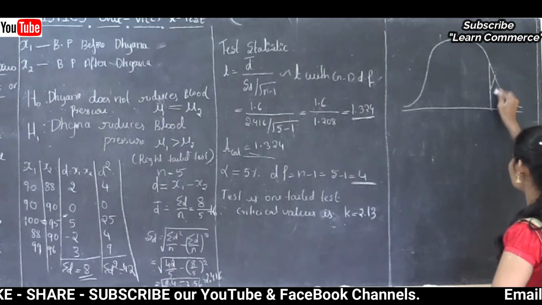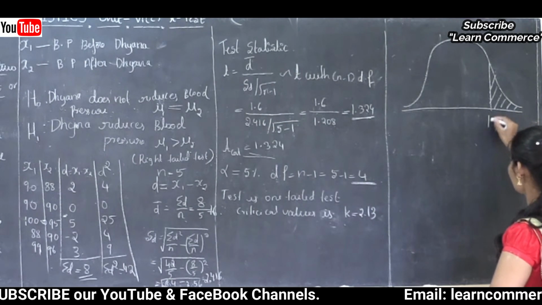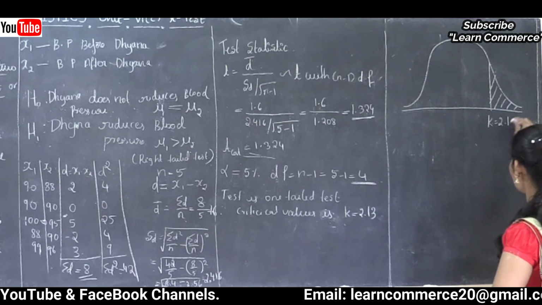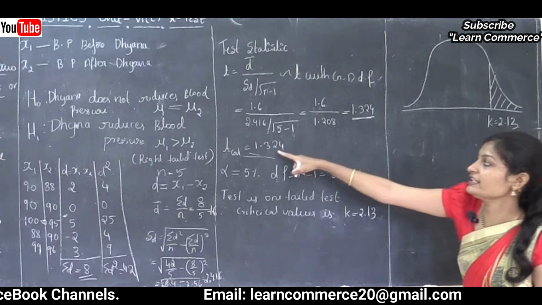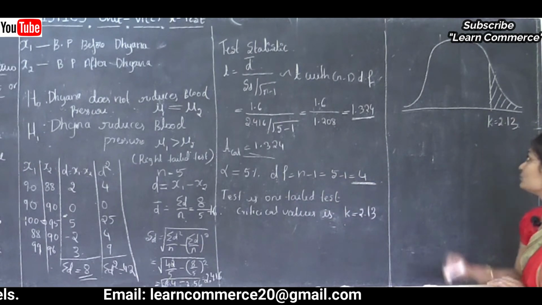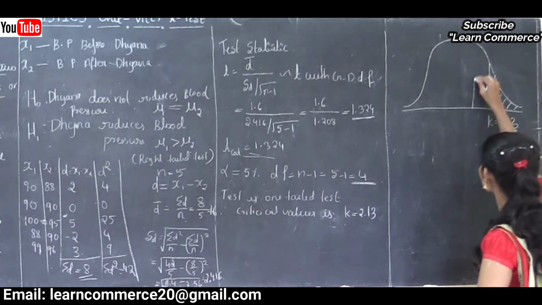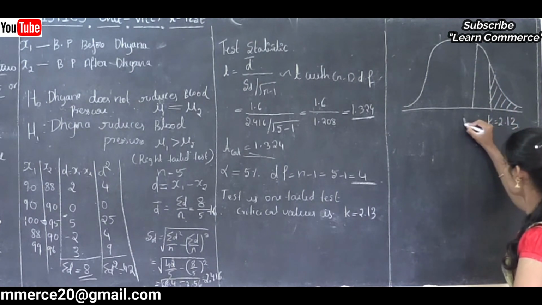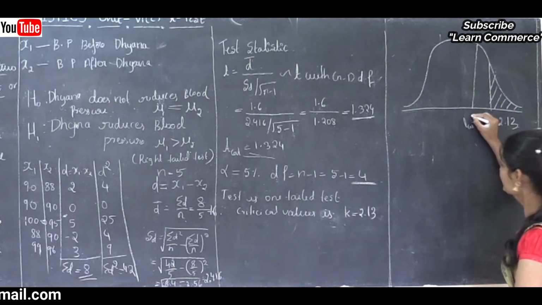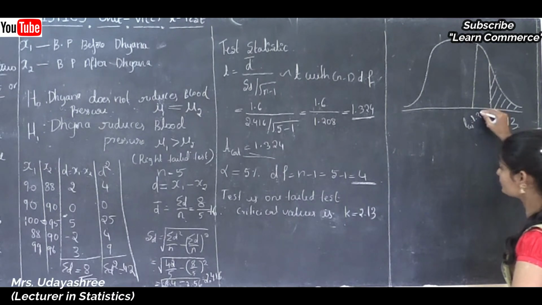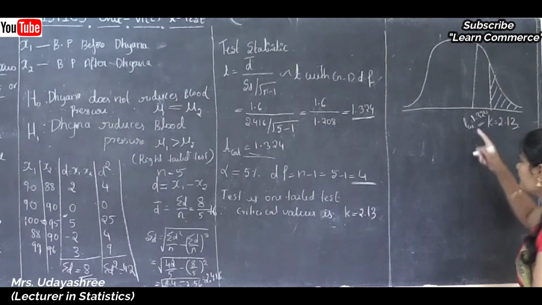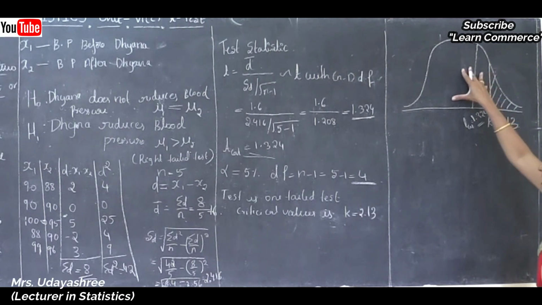Here the value is K equal to 2.13, and the calculated value 1.324 comes here. The calculated value lies in the acceptance region, therefore H not is accepted.